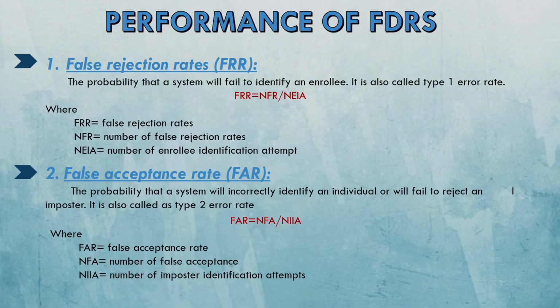Okay, let me give you in easy terms. First thing is the false rejection rate. It is nothing but a percentage of the number of false rejections. Your face is already trained by the system, which means your machine learning model has been trained with your facial data.